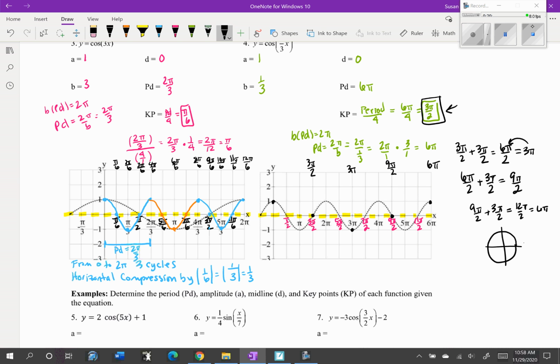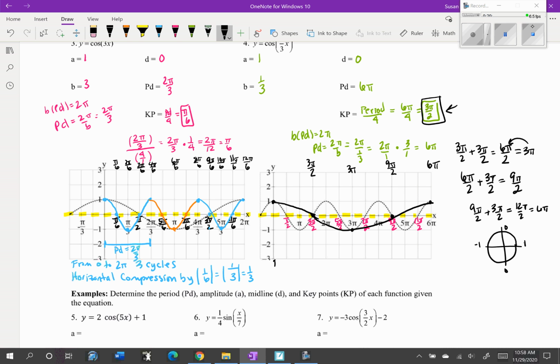So we have 1, 0, -1, 0, 1, because again, it's x coordinates from your unit circle. So 1, 0, -1, 0, 1, and then you just connect those values. And so that would be my graph.